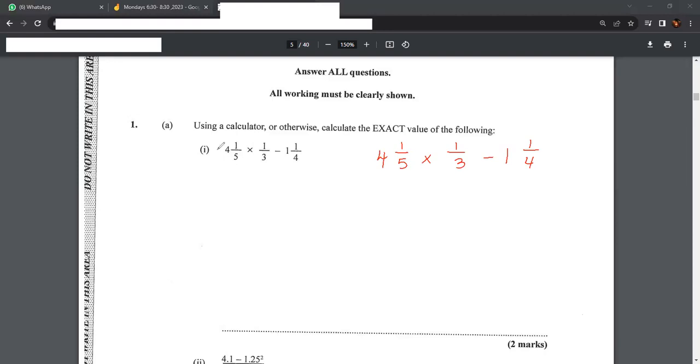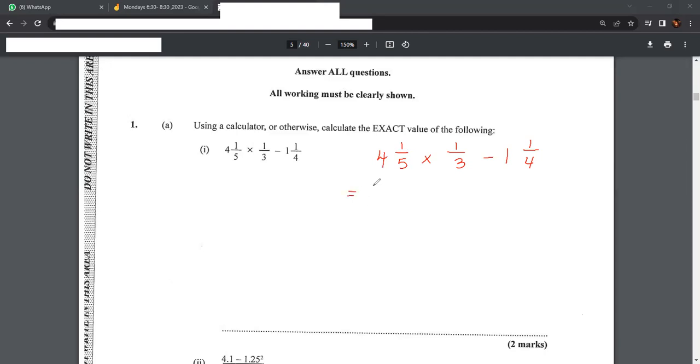So you copy your question, make sure that you copy the correct thing. Because if you copy the incorrect question and you work it to perfection, you wouldn't get a full mark, because, I mean, you'll get marks for your working, but you wouldn't get a full mark. So you just do a quick check to make sure that you copied it correctly.